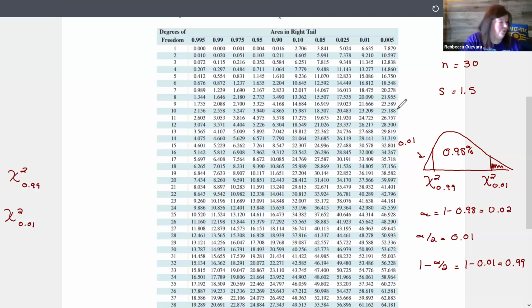And we have 30 as my sample size, so my degrees of freedom will have to be 29. There's my 29 right here. So I need my 0.99 and I need my 0.01.